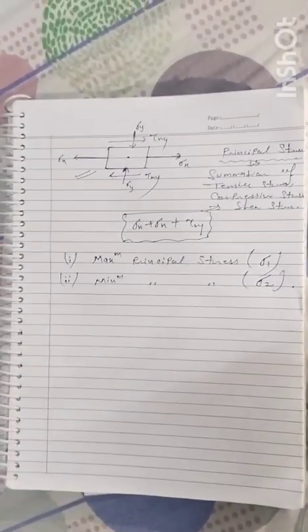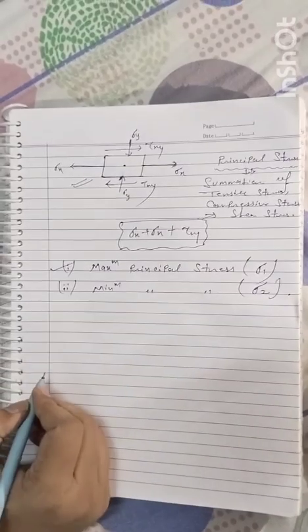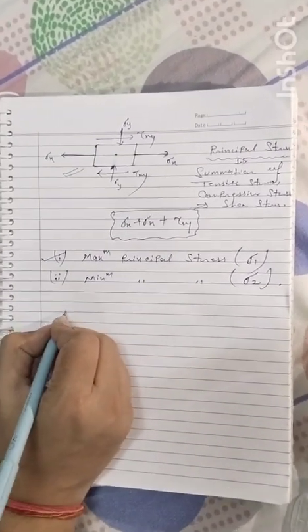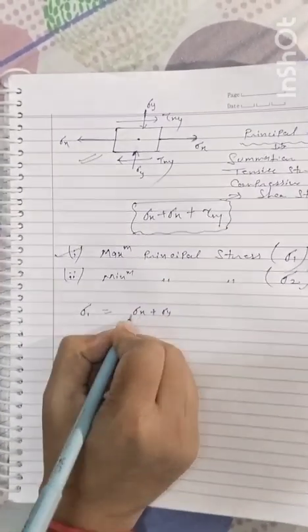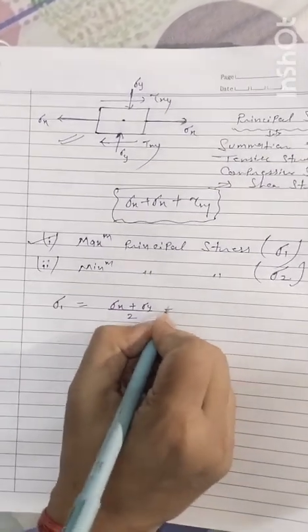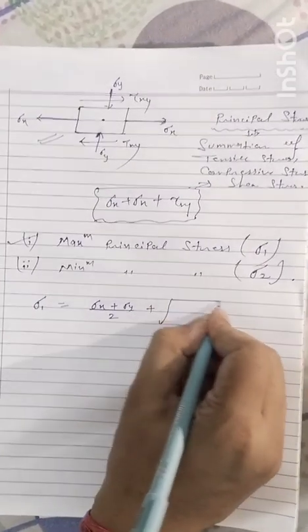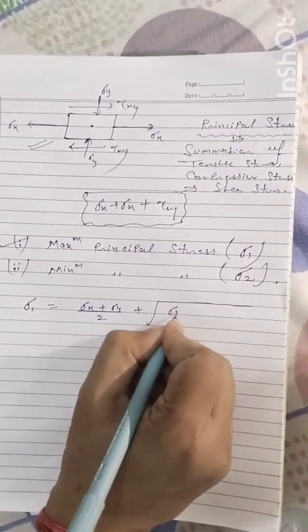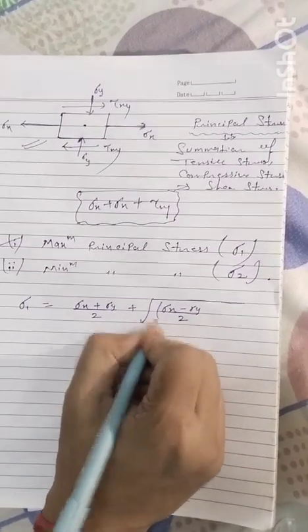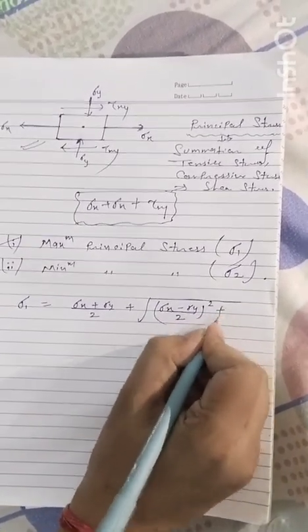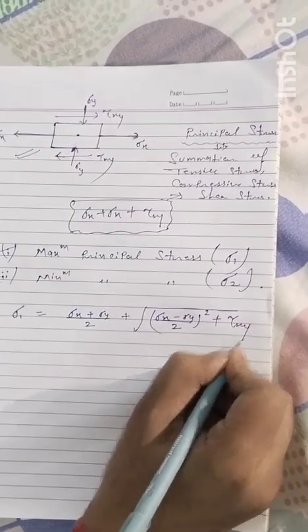We have the formula of maximum principal stress to find out the numerical. So sigma 1 is equal to sigma x plus sigma y divided by 2 plus under root sigma x minus sigma y divided by 2 whole square plus tau xy.